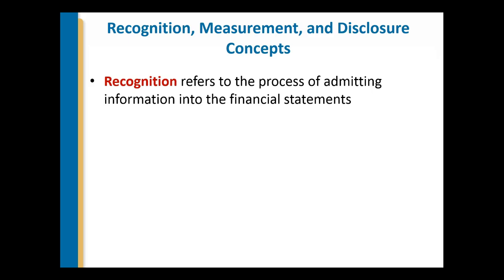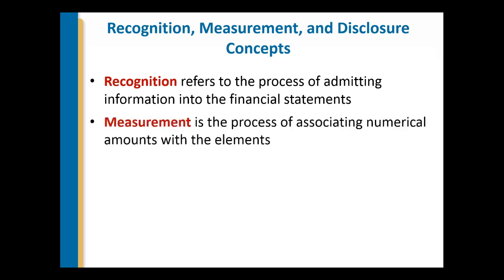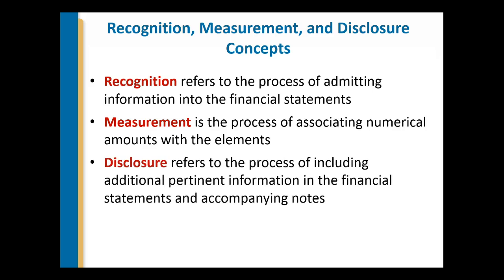When an element is recognized, it is recorded in the accounts and reported on a statement. Measurement is the process of associating numerical amounts with the elements. Disclosure refers to the process of including additional pertinent information in the financial statements and the accompanying notes.